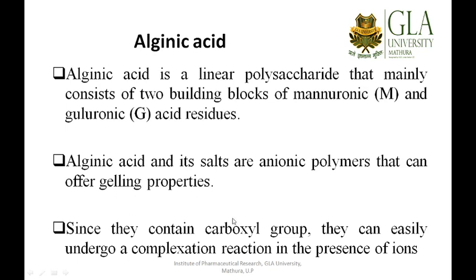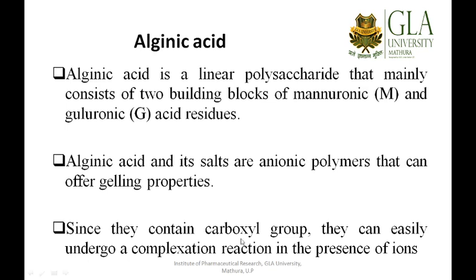We can also use the complexation phenomenon, in which we use the anionic charge of alginic acid and admix it with chitosan, which has a positive or cationic charge. Because of the polyelectrolyte complexation, we can control the drug release in the environment.